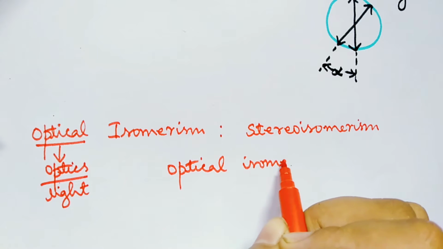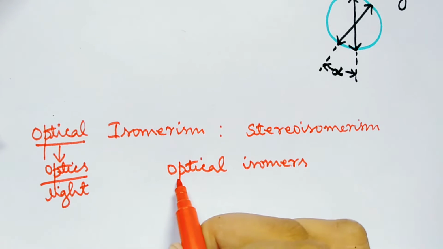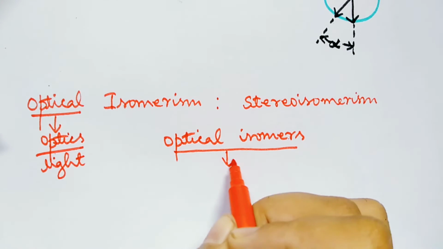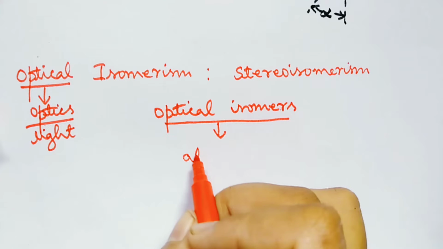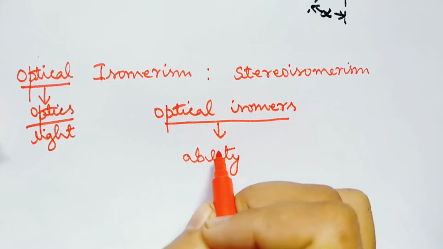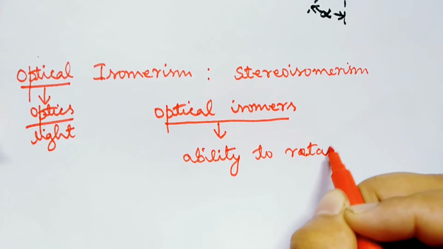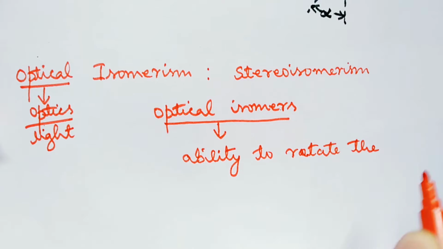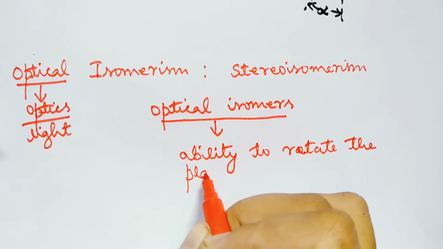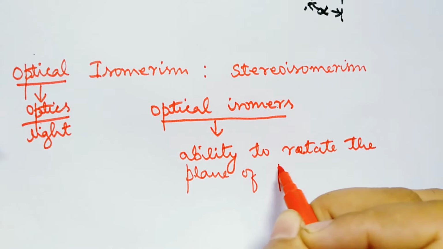Then another definition is optical isomers. What are optical isomers? They are those compounds which have the ability to rotate the plane of polarized light.